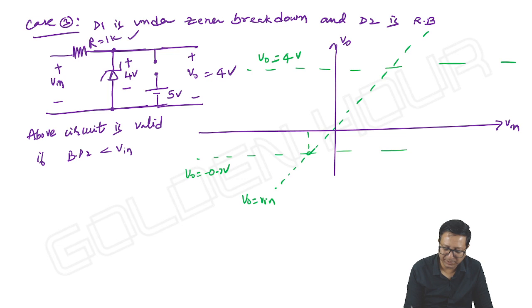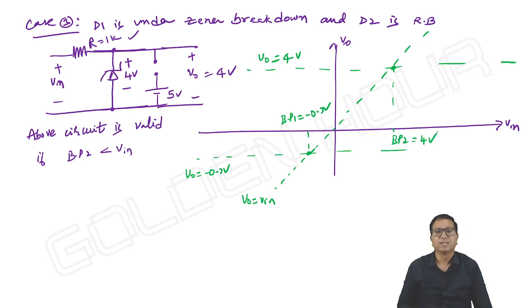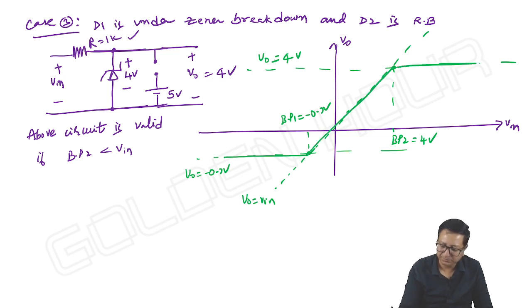So the first breakpoint is minus 0.7 volts. Second breakpoint is 4 volts. It is not 5.7. There is no point of further any breakpoint. That's it. This is how we can observe the transfer characteristics for this case.